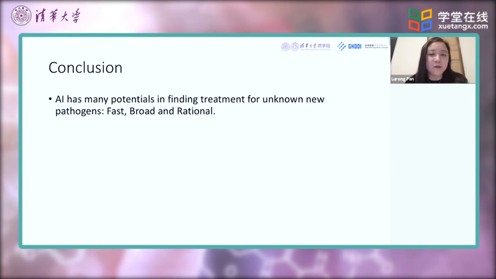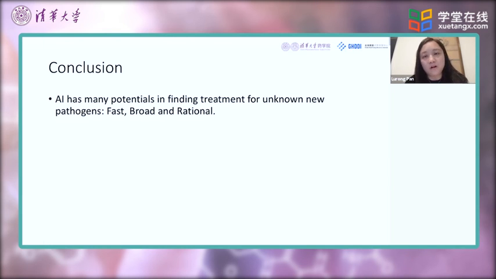So here is some conclusion. AI has many potentials in finding treatments for unknown and new pathogens because it's fast. We know that a computer computes much faster than a human, right?